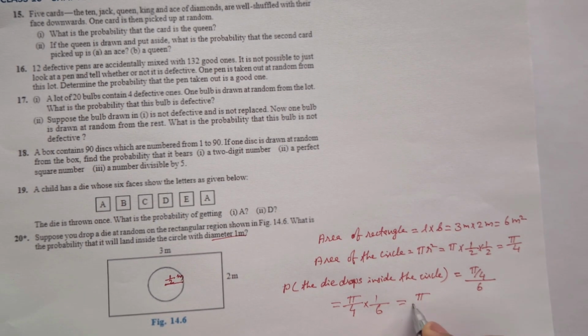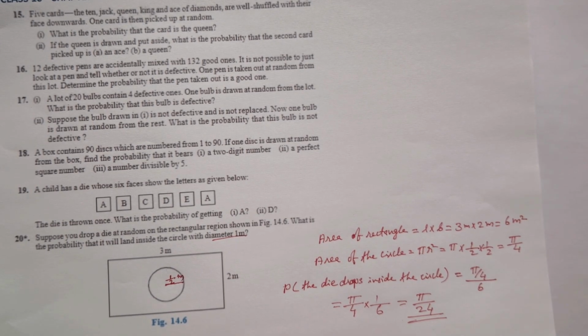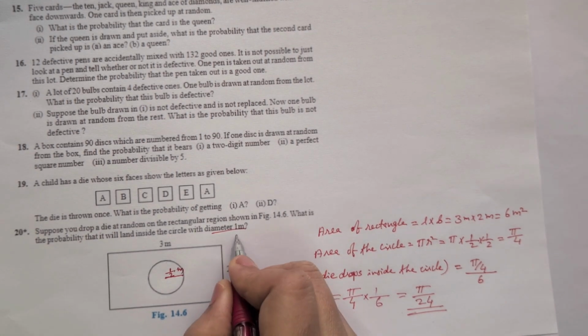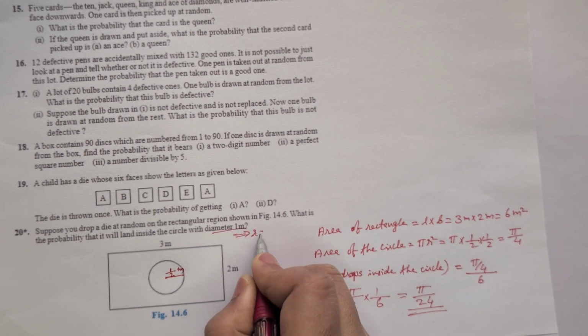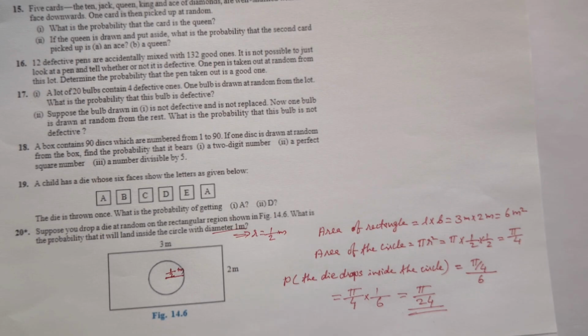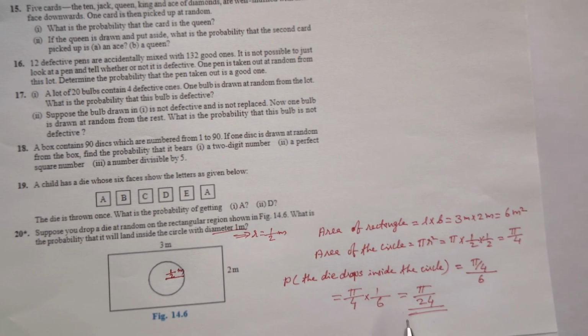It's equal to pi by 24. Diameter 1 meter implies radius is 1 by 2 meter. So the probability of the die dropping inside the circle is the area of the circle divided by the total area of the rectangle. Probability is pi by 24.